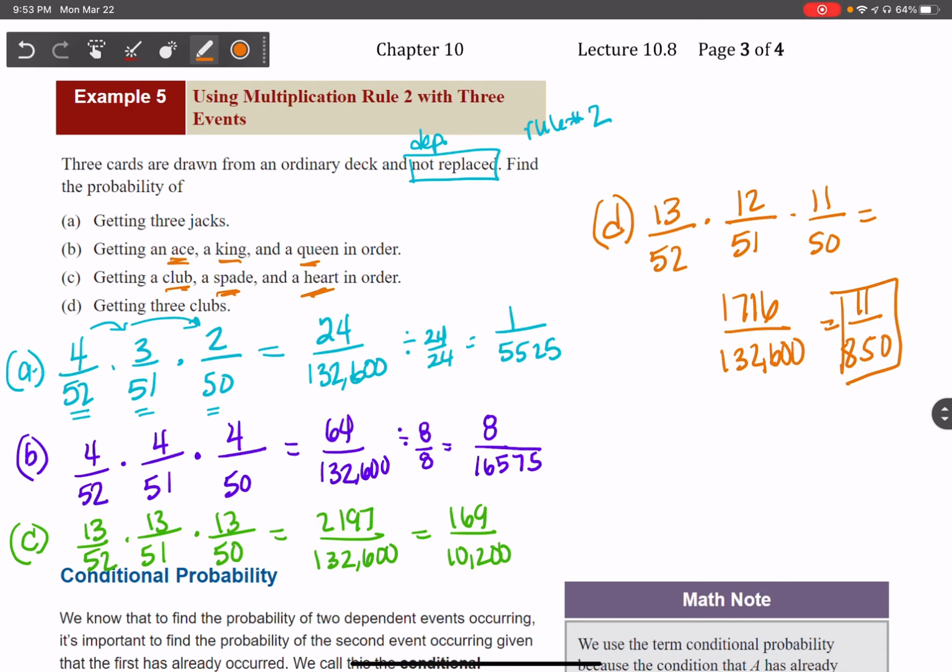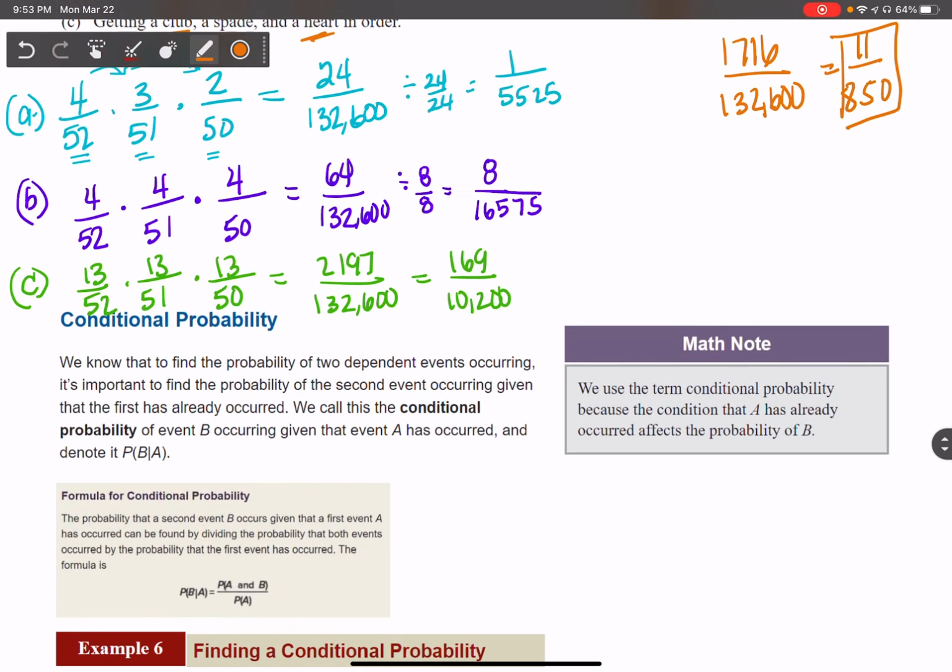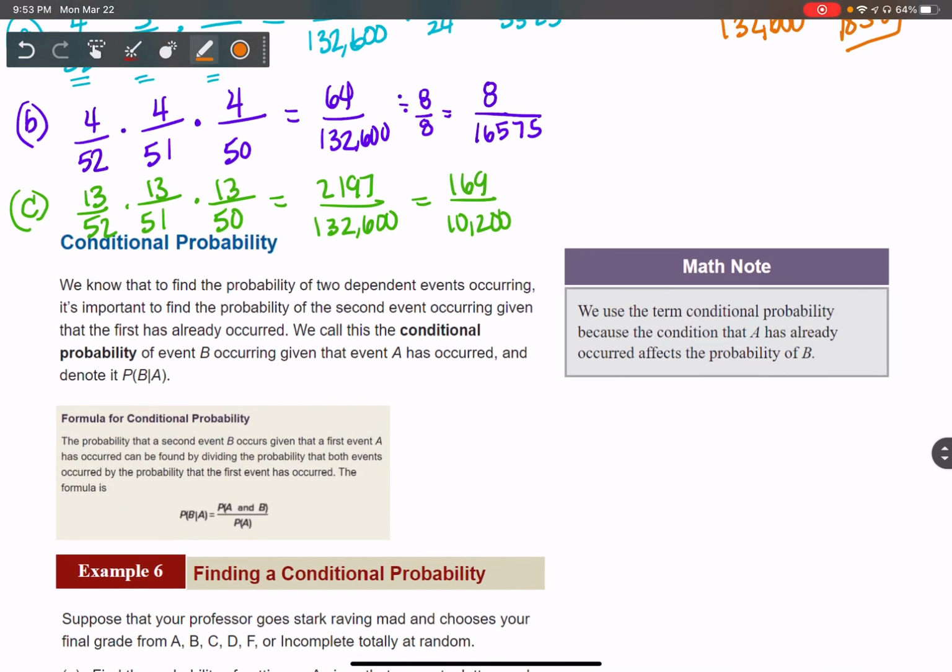All right. Moving on, we have another formula. It is called the formula for conditional probability. So we know that to find the probability of 2 dependent events occurring, it's important to find the probability of the second event occurring given that the first has already occurred.